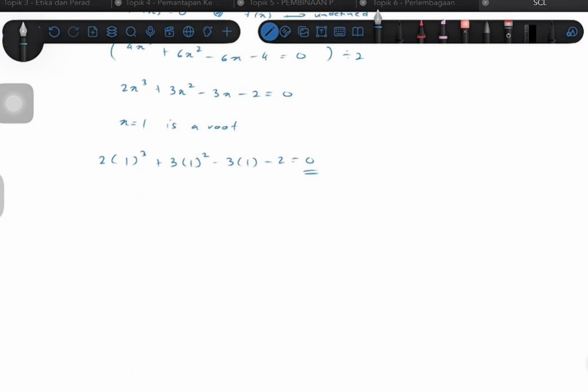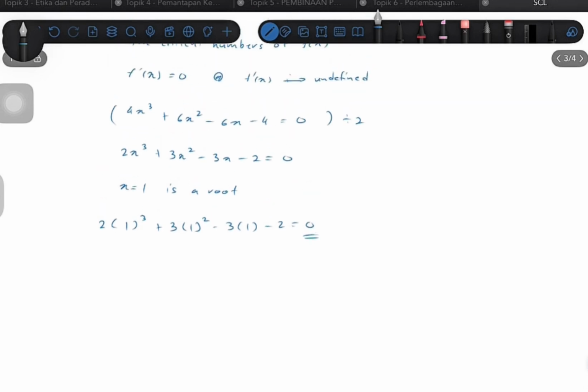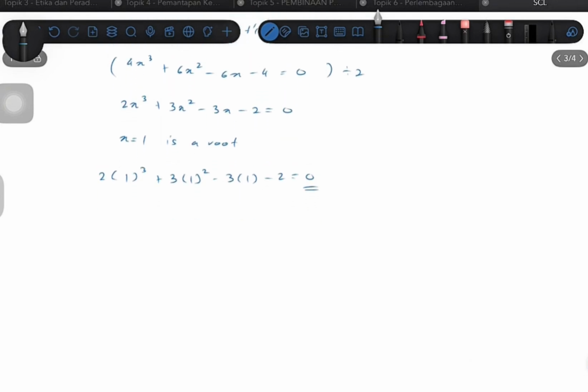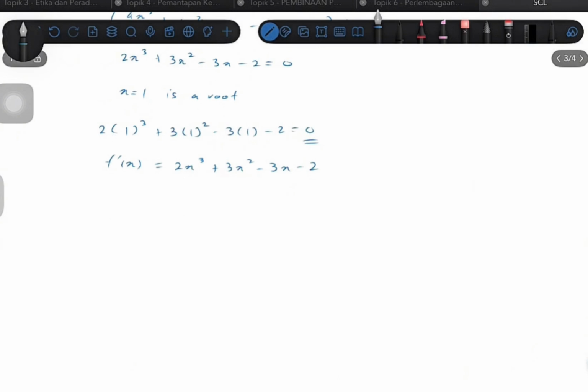Next, the first derivative, f prime x equals 2x cubed plus 3x squared minus 3x minus 2, equals 0.